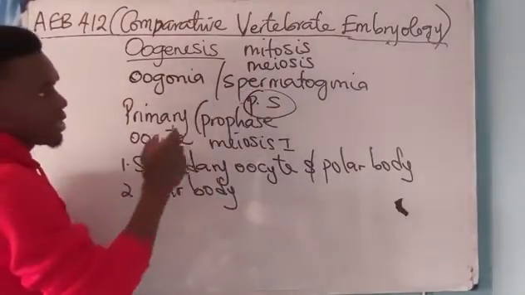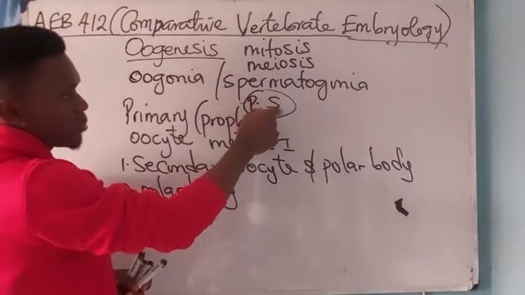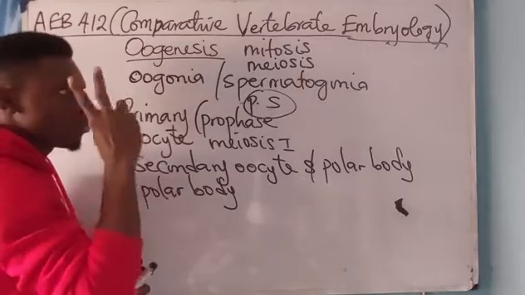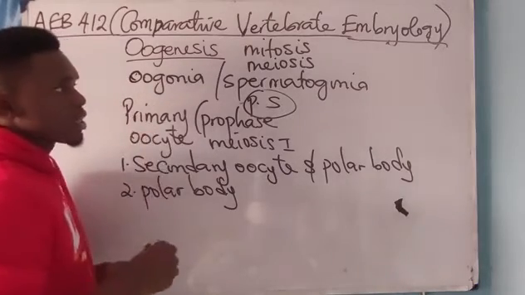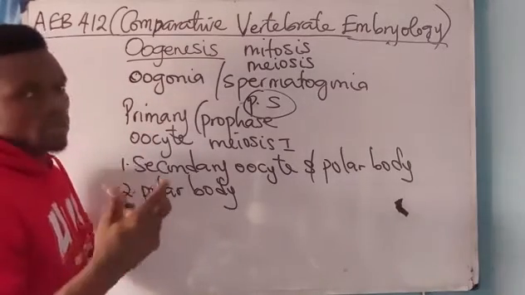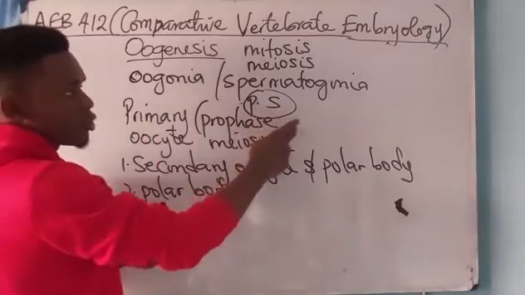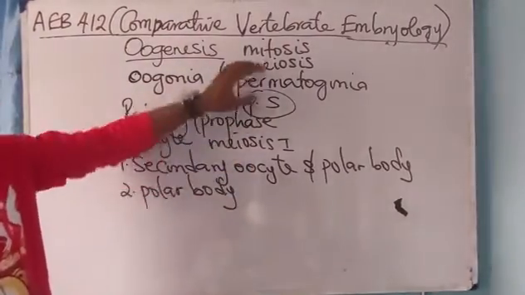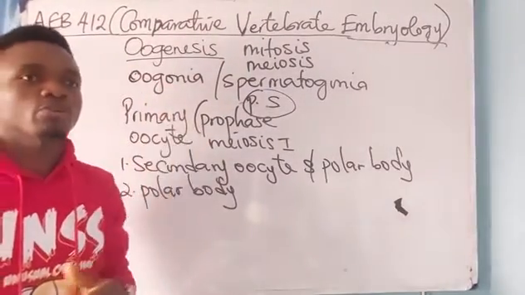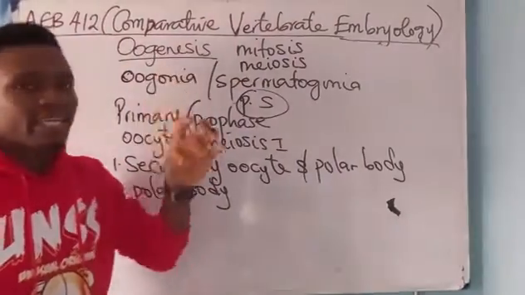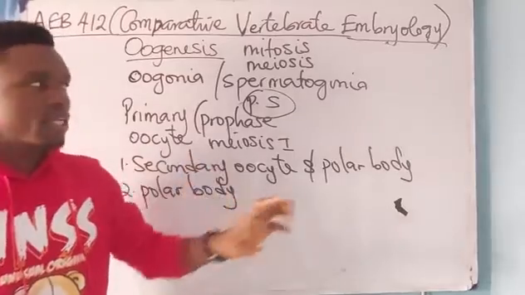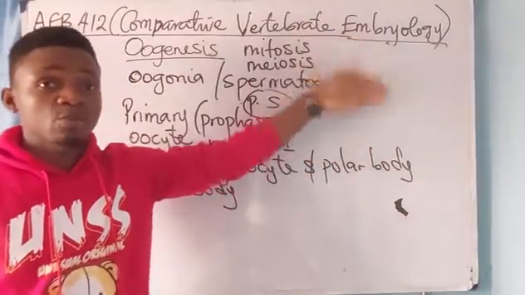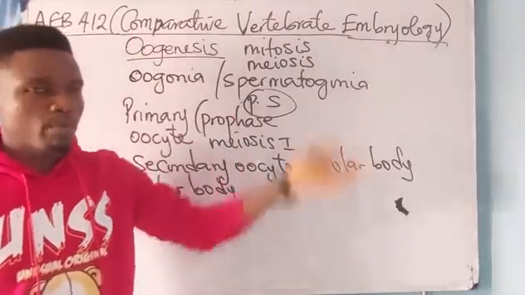In spermatogenesis, the primary spermatocytes undergo two meiotic divisions. The first will produce a secondary spermatocyte, while the second division will produce 4 spermatids, which means that at the end of spermatogenesis, 4 daughter cells are produced and they are all functional. They produce gametes, which is the sperm or spermatozoa.